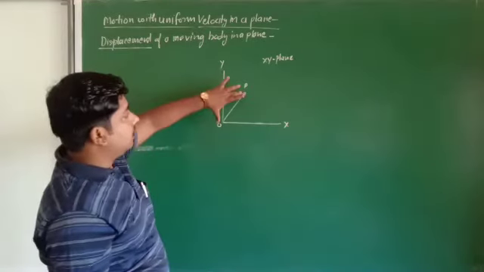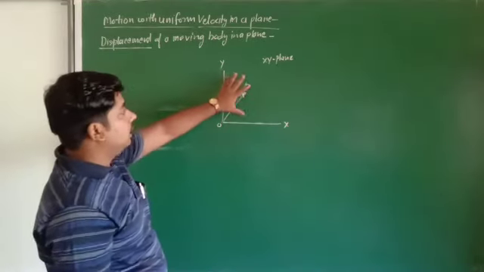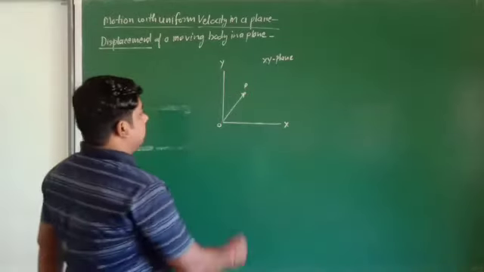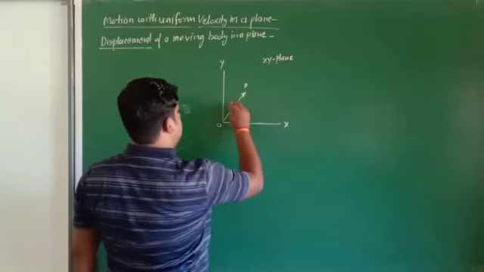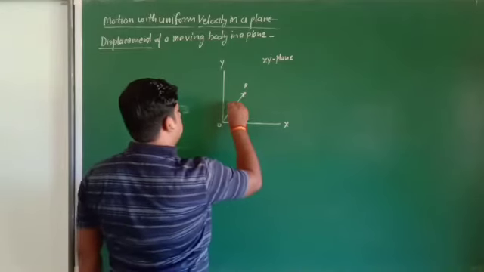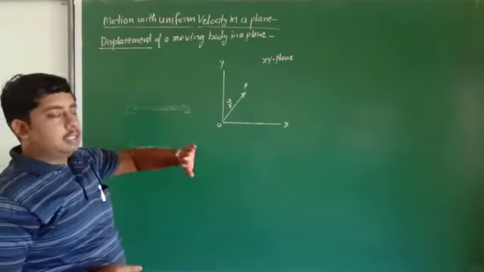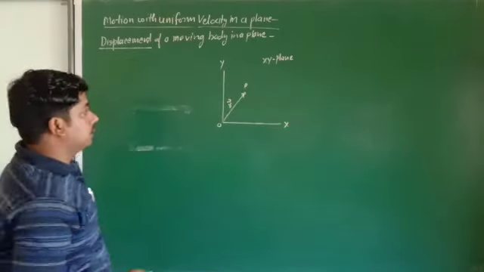This is the position vector of the object in the xy plane, represented by vector R.